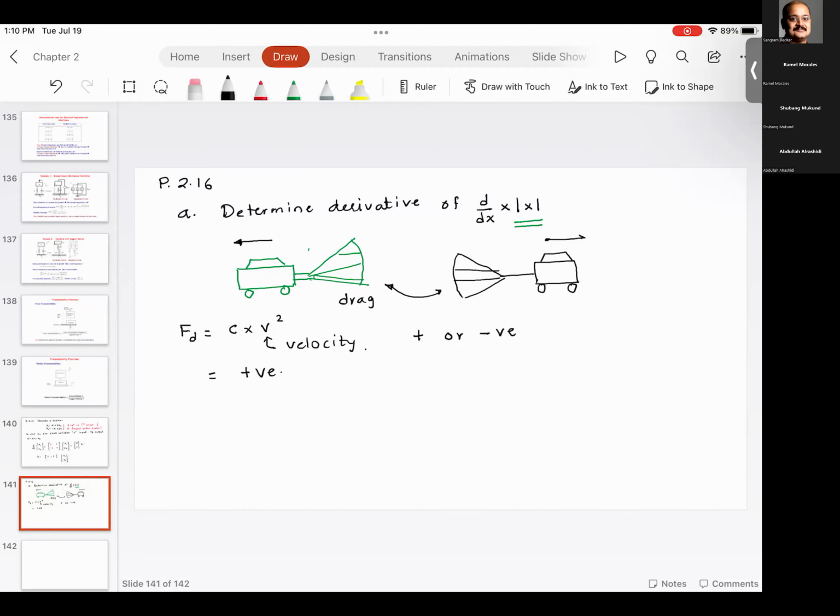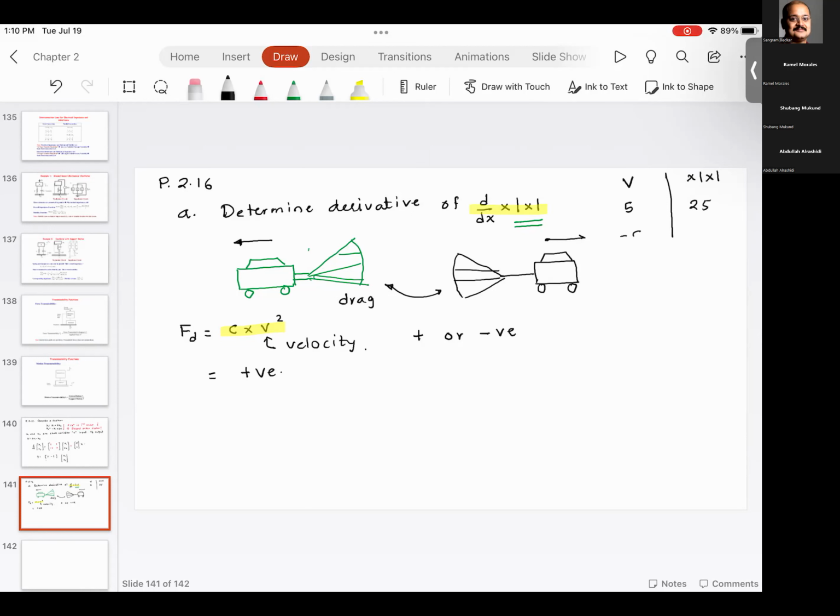Now, what is the difference when the same equation is expressed in this fashion? Please understand the magnitude remains the same, but the sign is preserved. So imagine that if your velocity is 5, your drag force, x times norm of x, is going to be 25.